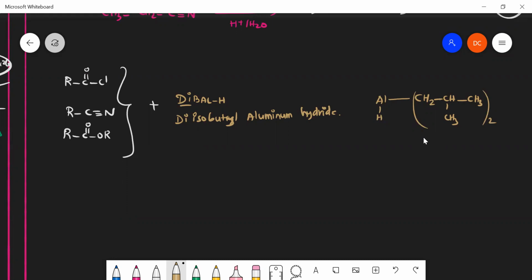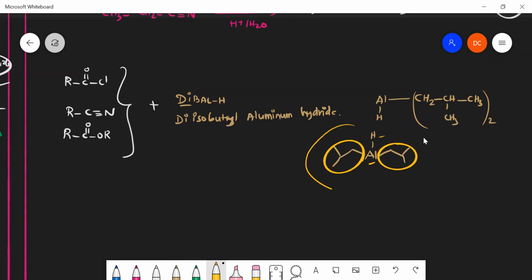It can also be written as Al, H, and the two isobutyl groups. This is one isobutyl group. This is the structure of diisobutyl aluminum hydride, or DIBAL-H.